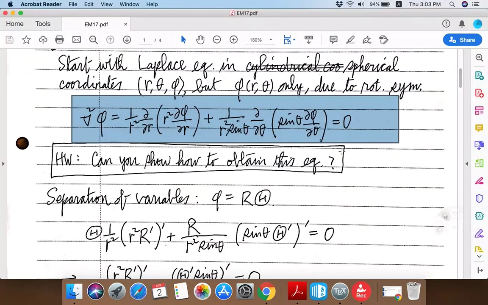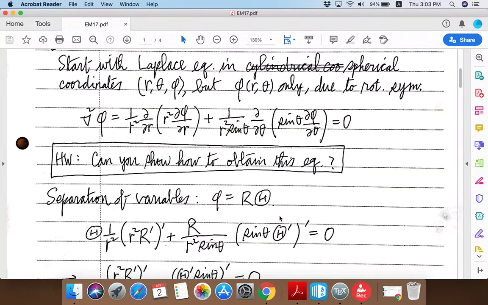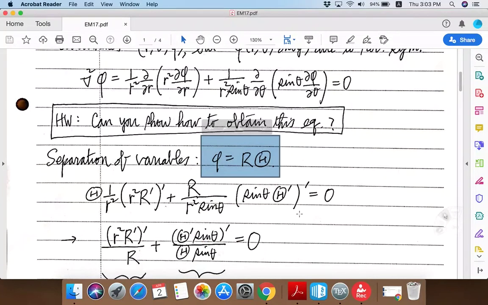So this is a partial differential equation consisting of two variables. And since the only technique that I know, and pretty much everybody in the world knows, in solving such a problem is the separation of variables, I'm going to adopt that ansatz and express my potential as a product of two parts.